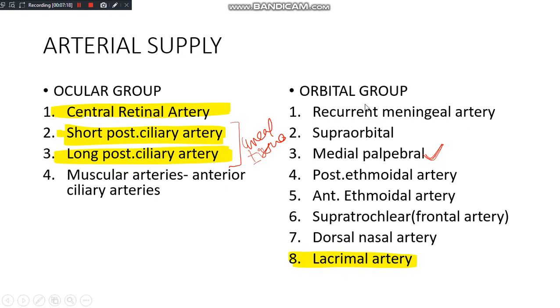And then coming to the orbital group, so the arteries are recurrent meningeal artery, then supraorbital artery. Supraorbital artery was supplying which muscle? Yeah, levator palpebrae superioris. Then coming medial palpebral. We discussed medial means medial side. Palpebral means eyelid. So it will supply medial part of eyelid. Then coming to posterior and anterior ethmoidal artery.